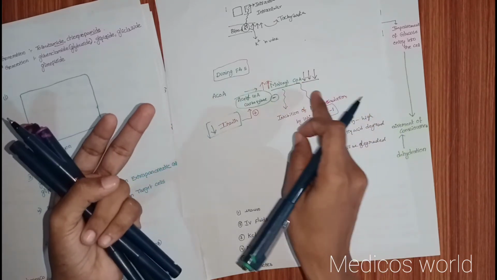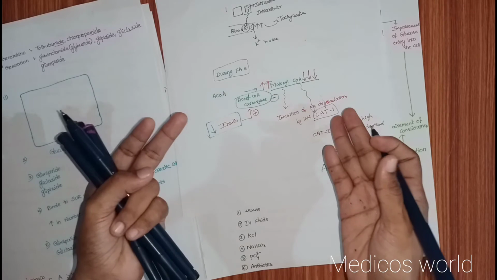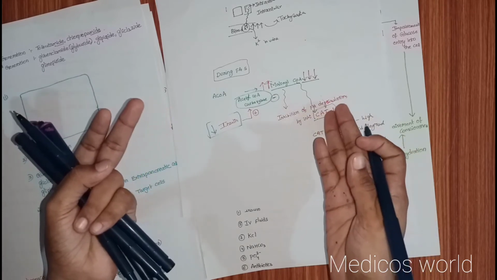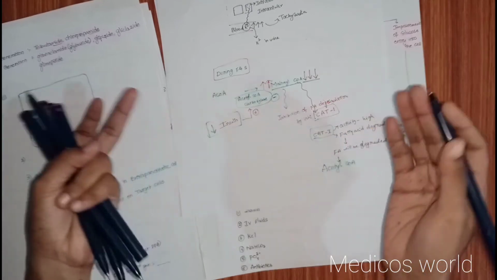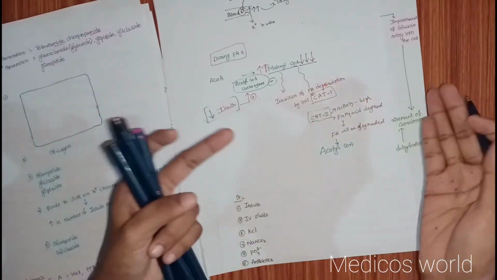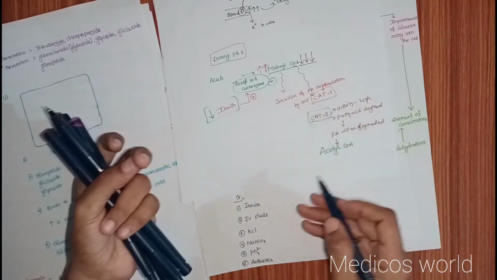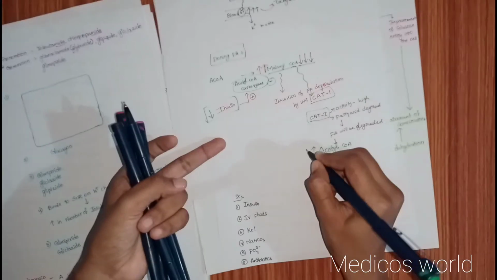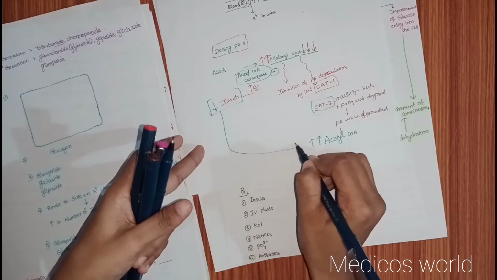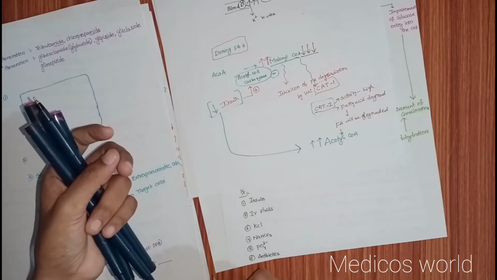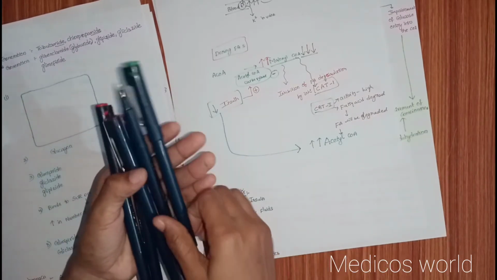When malonyl-CoA levels are low, there is no inhibition, so the carnitine transferase activity is high and there will be fatty acid degradation. Fatty acids are degraded, so acetyl-CoA levels are high when insulin is not there.